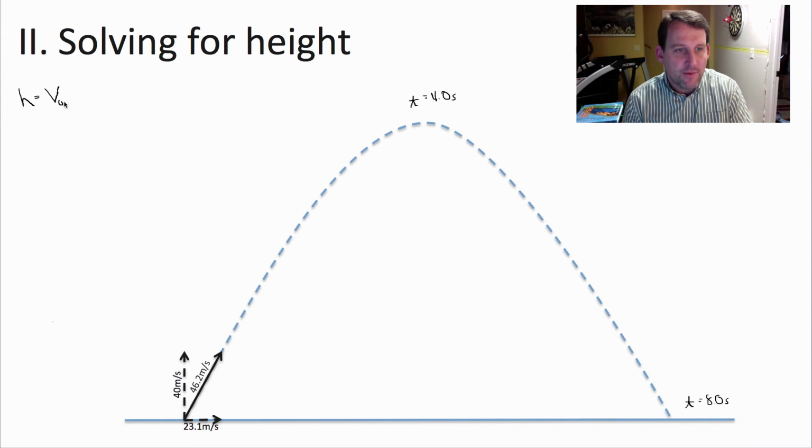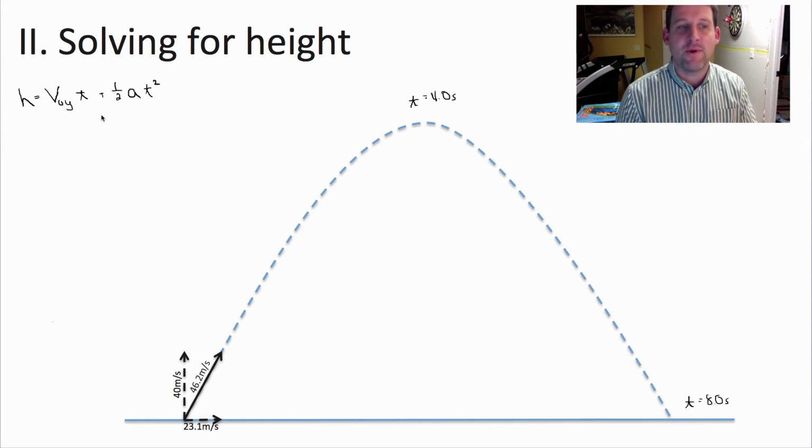So we're going to label this v initial in the y times time plus 1/2 the acceleration, and here again this is the acceleration in the y direction, the vertical acceleration, t squared. So our height equation is v initial in the y times time, plus 1/2 a t squared.